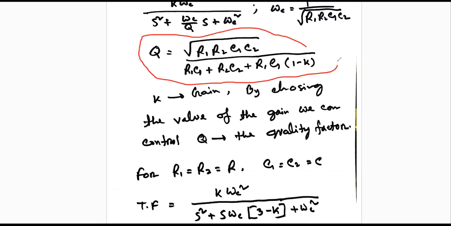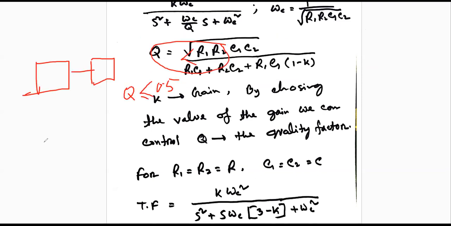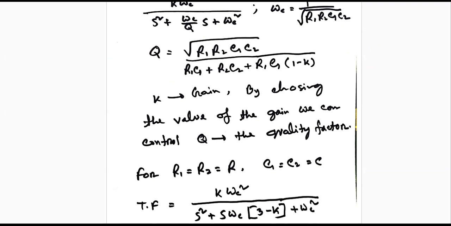What is the gain at this moment for our example? K is equal to 1. We let K equal 1. If K is equal to 1, this part is equal to 0, and then you can find the value of Q by putting in this equation.